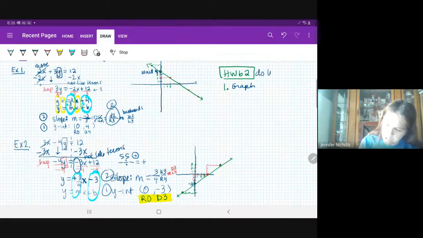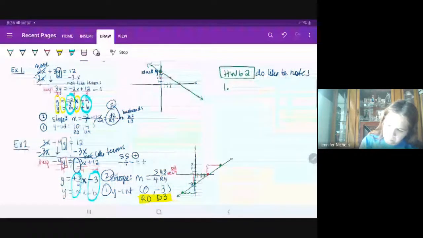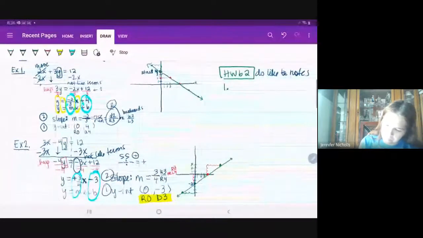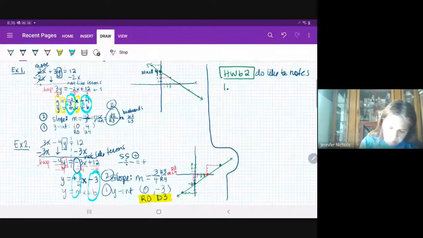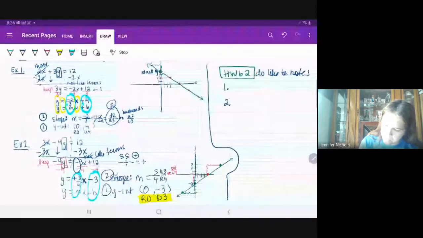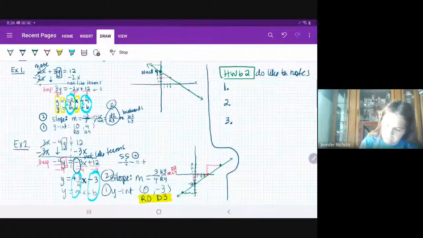I'm just going to do like notes so we don't have to write the instructions. And then make sure you're doing your homework on a separate sheet of paper, okay? I'll give you 3 questions because we have 25 minutes? So 8 minutes per question. That should be enough.